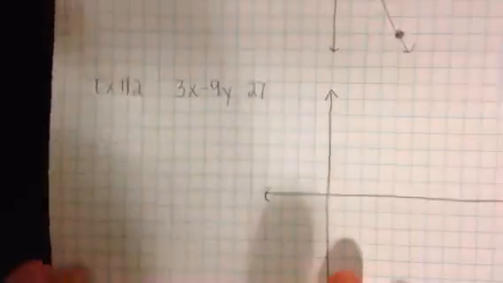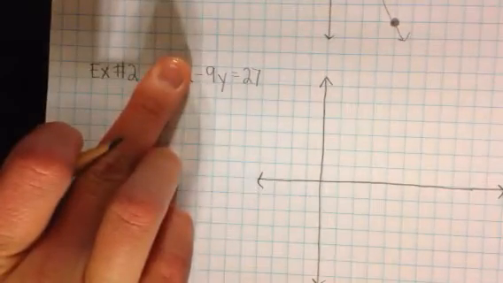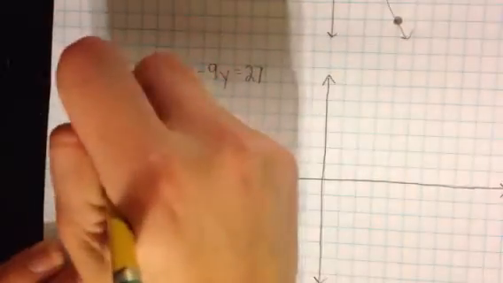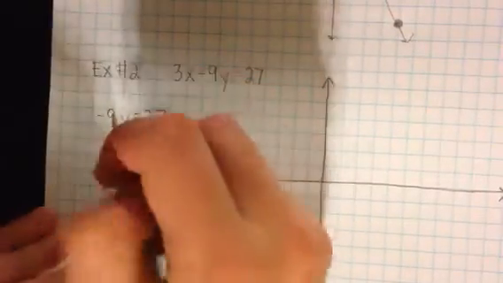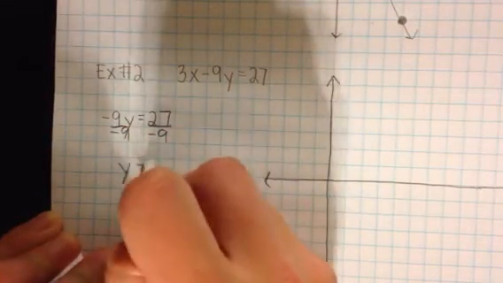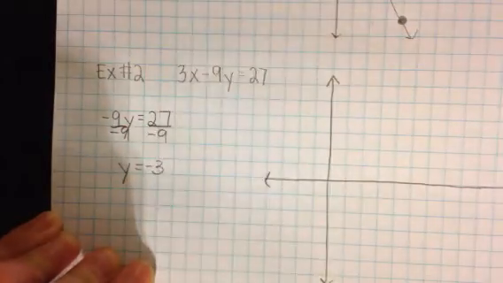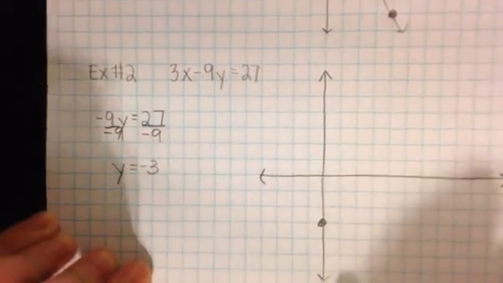So let's look at this one. Example number 2. So to find the y-intercept, plug in 0 for x, so I would get -9y equals 27. So divide both sides by -9. I get y equals -3. So let's go ahead and plot that, 1, 2, 3 down.